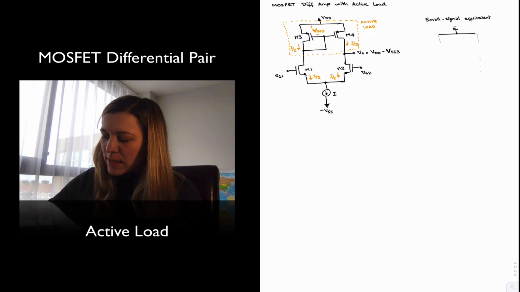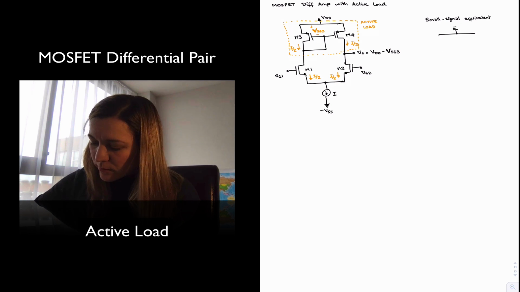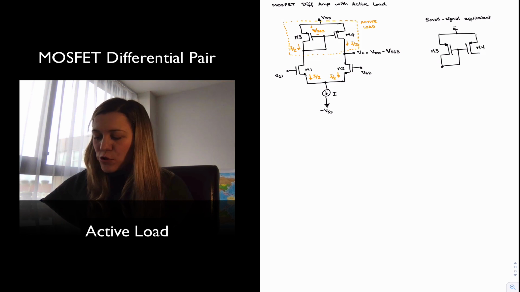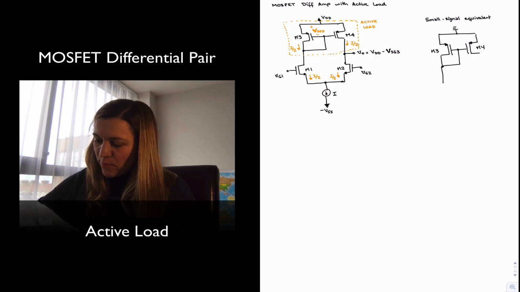Let me just draw it the same as before. All right, so that's for my M3 and M4, my PMOS transistors. And then I will have my M1 and M2, which are my NMOSes.